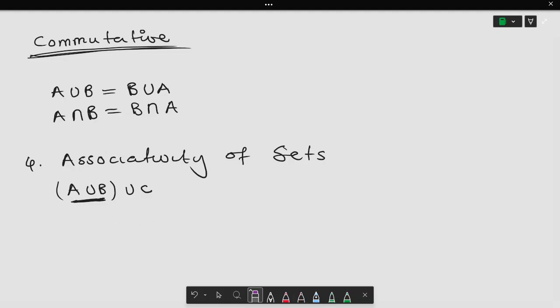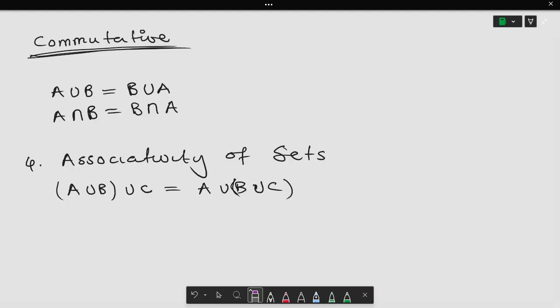That's what we mean. But this can also be written as A union B union C, where you have B union C in brackets. So these are the same no matter where the brackets are.